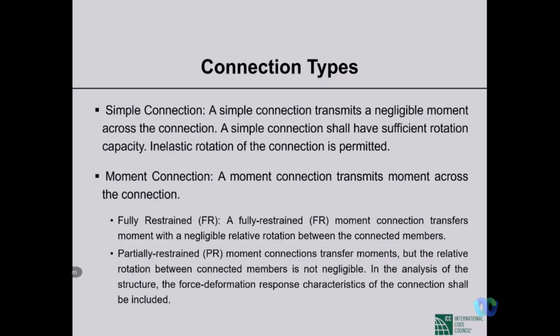And second, moment connections are then classified into two different types: fully restrained connection, FR, and partially restrained moment connection, PR. The previous terminology used in BNBC 2006 were rigid connection and semi-rigid connection. Now the terms are different: fully restrained and partially restrained.